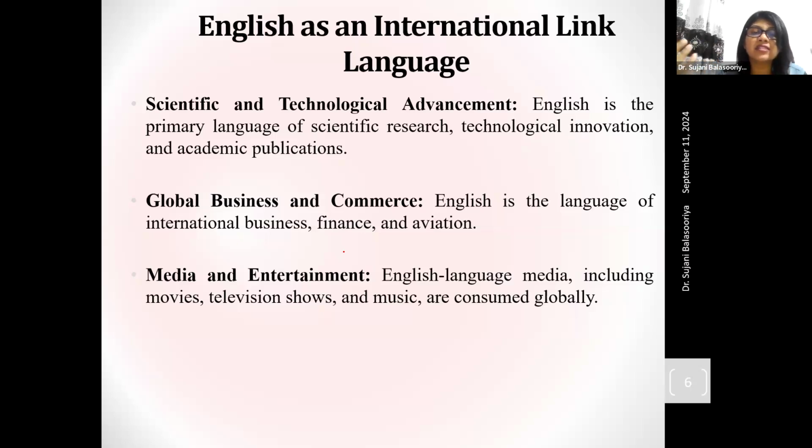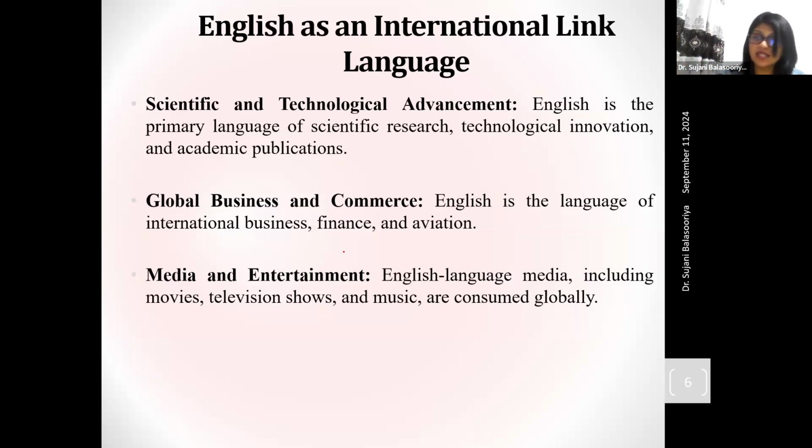And business and commerce, these fields are improving, and people are getting connected more and more via business and commerce, right? So English is the language of international business, finance, aviation, these things. So when the business and commerce activities are increasing, then the use of English is also increasing.